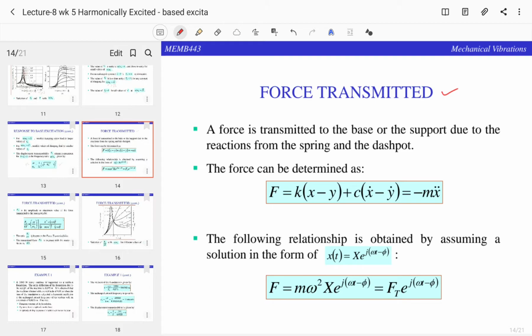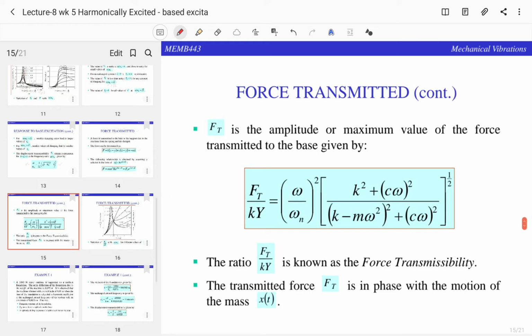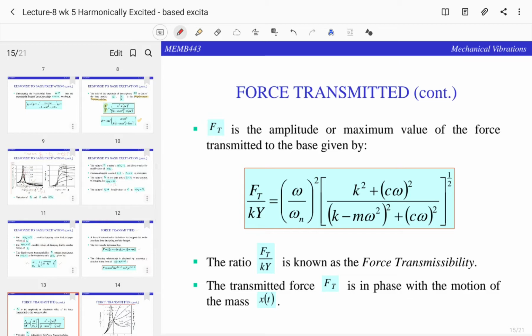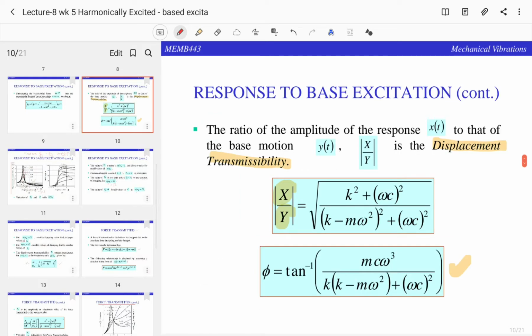You can determine the force, which is equal to negative m x double dot. The amplitude of the force transmitted to the base is given by this equation. Basically, you can rearrange the previous equation, which we had in terms of displacement.